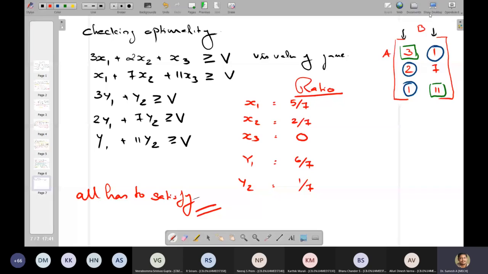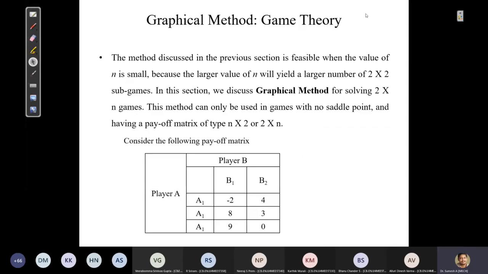Any doubt or anything to be clarified, we will discuss right now. Now 4-5 questions are pending. I will tell you tomorrow night or the day after tomorrow night that I am going to switch it on. So that will be the last topic, the graphical method in game theory.